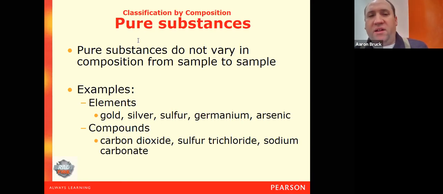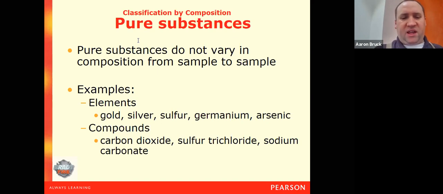Pure substances are considered pure because they do not vary in composition from sample to sample. So it doesn't matter if I have a sample of gold that is from Indiana and a sample of gold that's from Africa, or a sample of gold that is found in the Atlantic Ocean. If I go down to the atomic level, all of those gold atoms are going to look the same, or at least have the same characteristics in terms of what's in the nucleus.